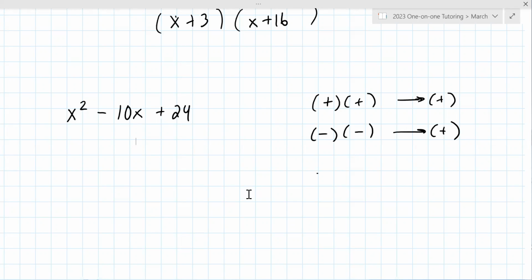Negative 4 and negative 6. Yes. So x minus 4, x minus 6.